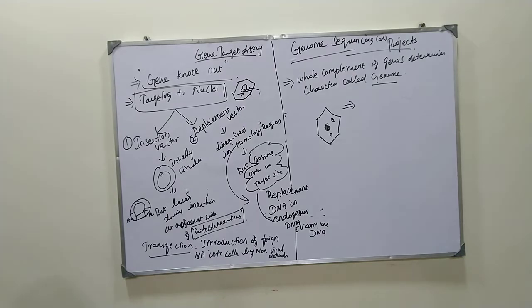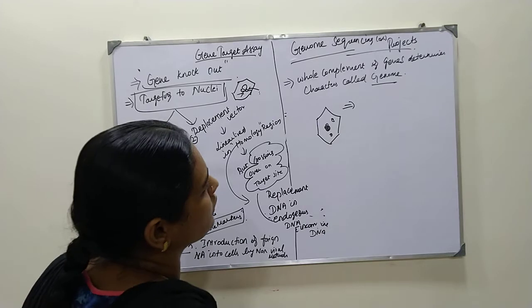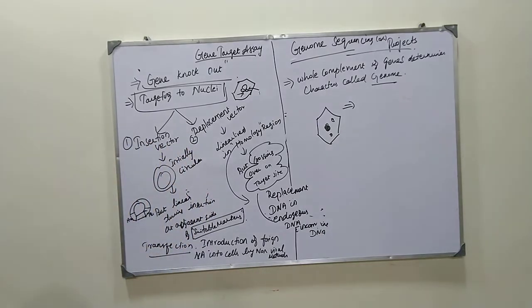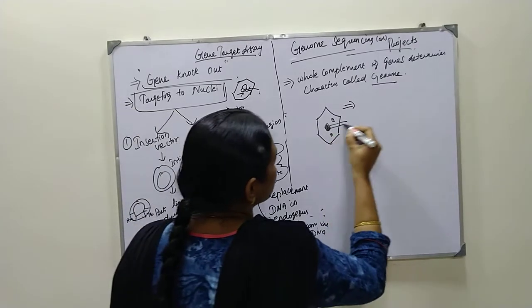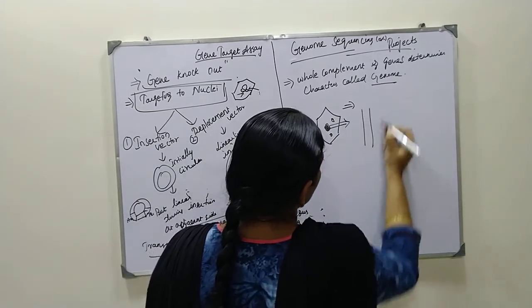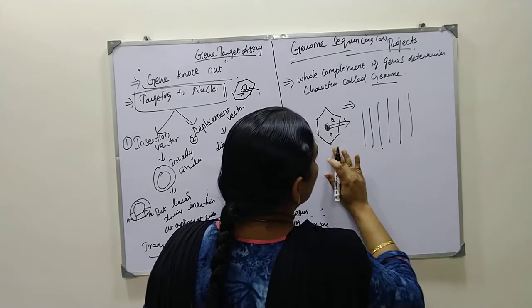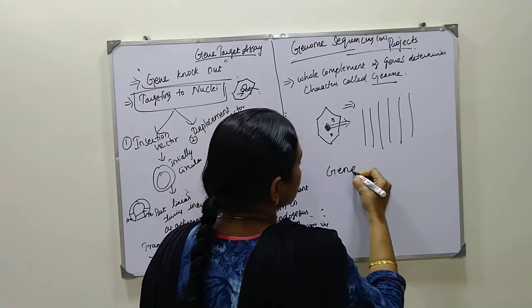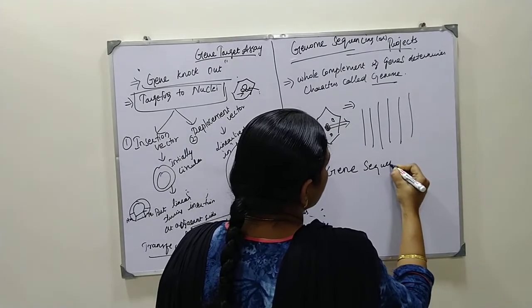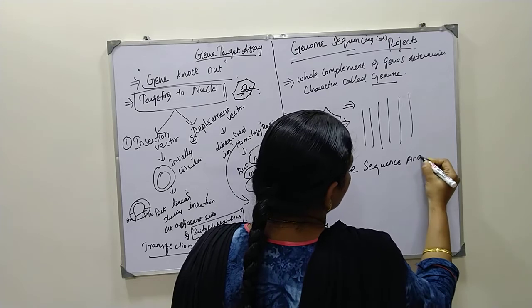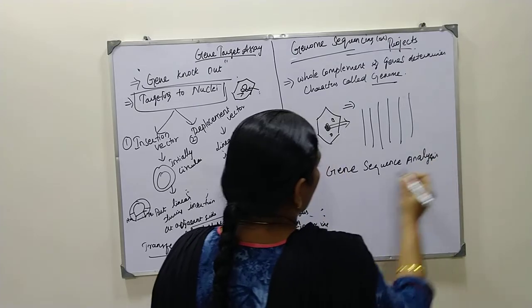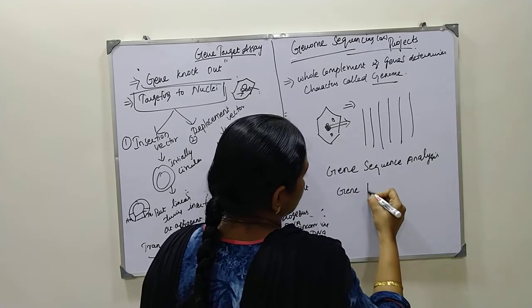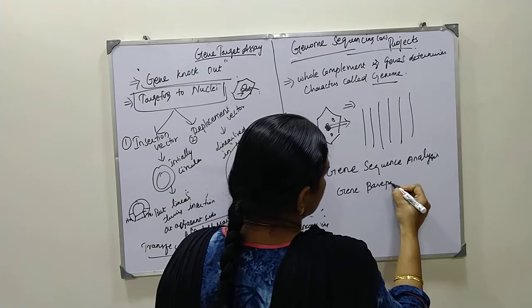In these genomes, some DNA is not functioning, that is, non-expressive DNA is also there in the genome sequences. What they do is take this nucleic acid and study the base pairs of the complete gene sequences. This is called gene sequence analysis, or gene base pair analysis.